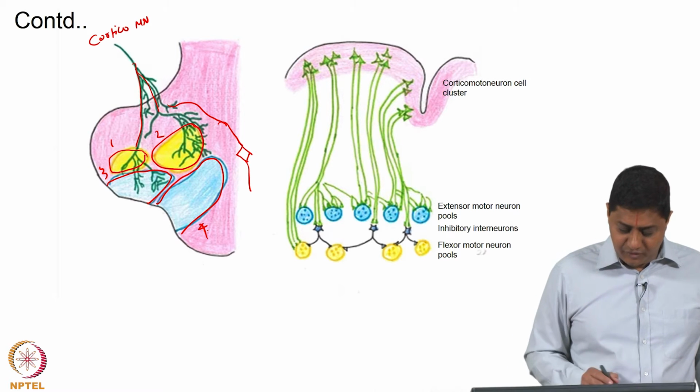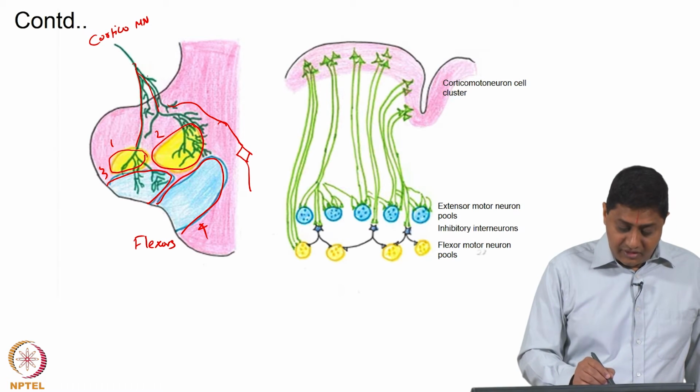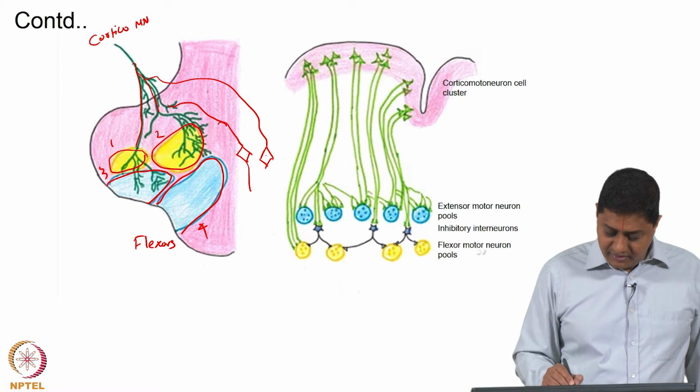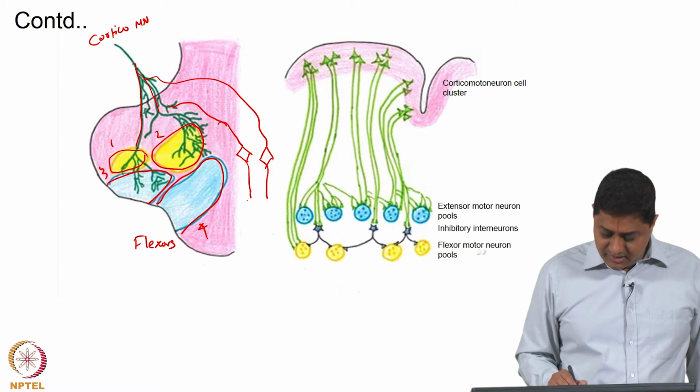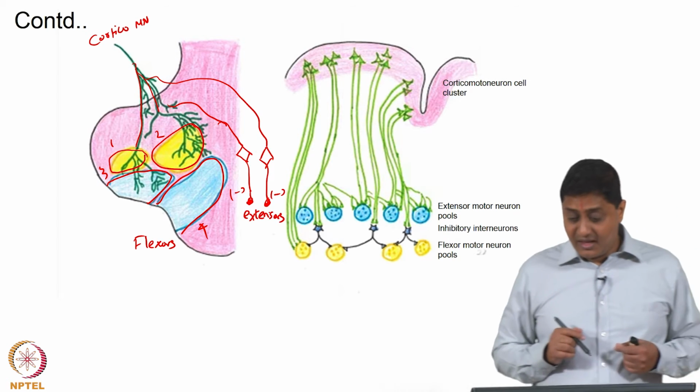Let us assume that these 4 muscles are some flexors, right. The corticomotor neuron also innervates interneurons that inhibit, or produce a negative activity on, the extensors, thereby releasing the extensors when the flexors want to flex.